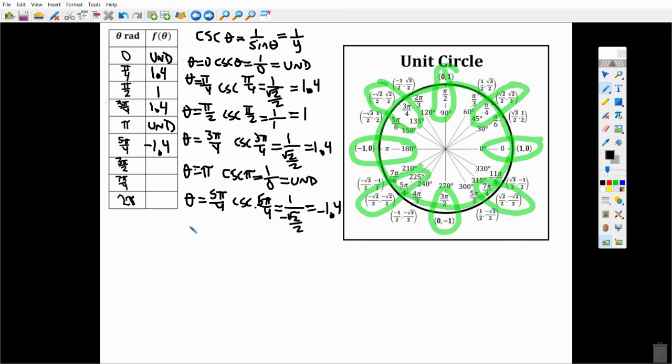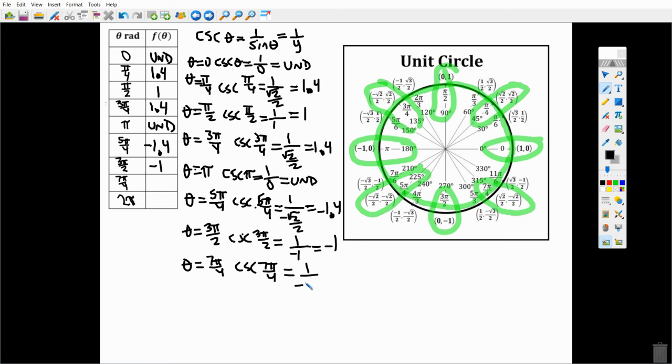Okay. At theta equals 3 pi over 2, cosecant of 3 pi over 2 is going to equal 1 divided by, the y value is negative 1. So that's 1 divided by negative 1 is negative 1. Two more. 7 pi over 4, cosecant of 7 pi over 4 is going to be 1 divided by, again, the y value.